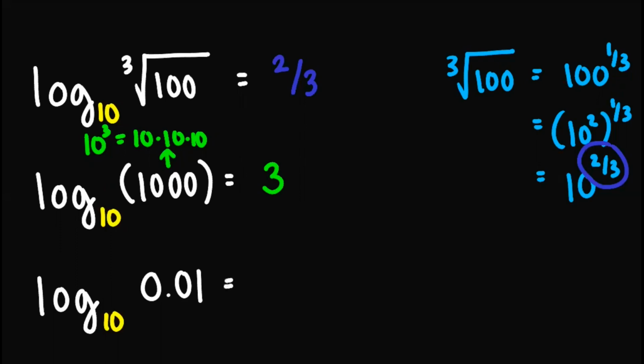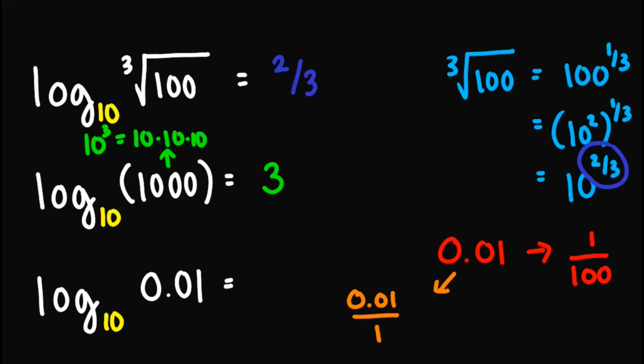For the last example, note that 0.01 in fractions is actually 1 over 100. So how did that happen? Note that we can write this as 0.01 over 1.